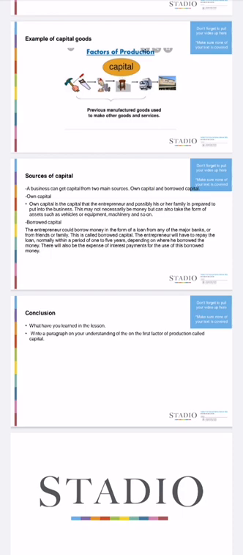Each learner was supposed to either choose own capital or borrowed capital, study the content on it, and then teach his peer. But due to the pandemic, this is not possible. Therefore, I chose the activity that you have today on the paragraph on the factor of production called capital.